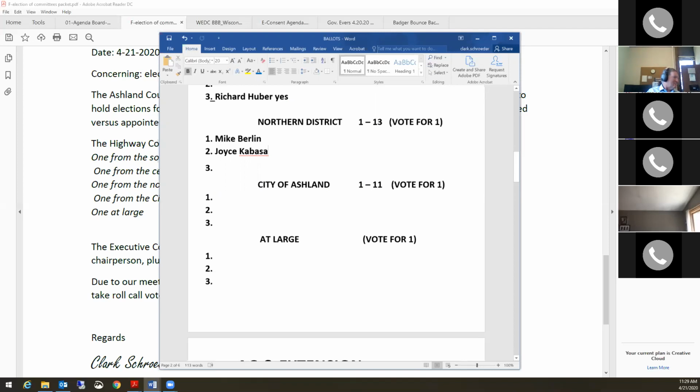Ortman, Cabasa. Granick, Berlin. Kufal, Berlin. Sendor, Cabasa. Rose, Berlin. Berlin, Berlin.